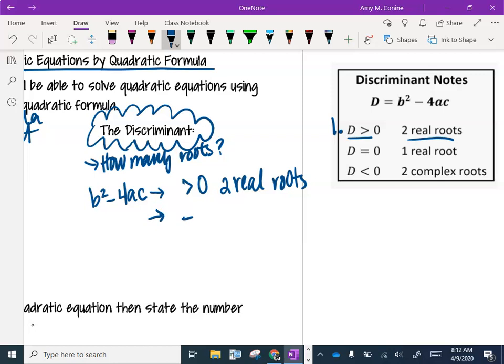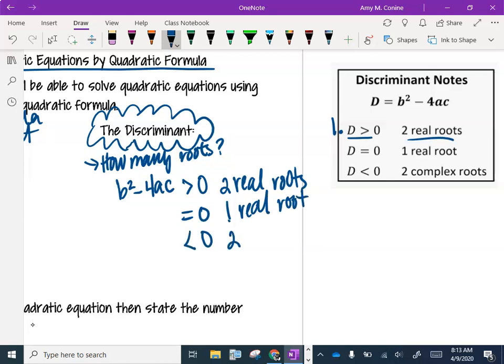When it is equal to 0, you're going to have 1 real root. And when it is less than 0, we're not even going to worry about these complex roots.